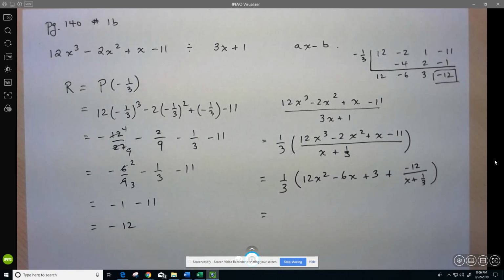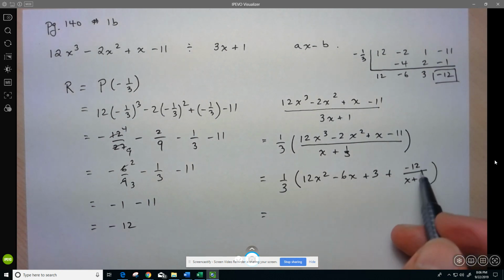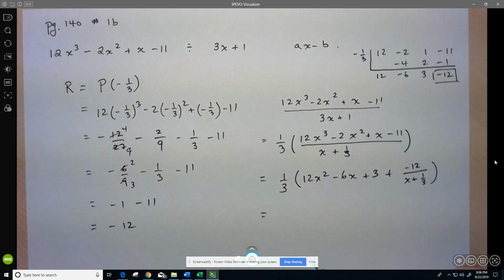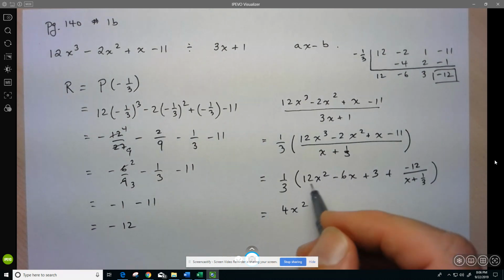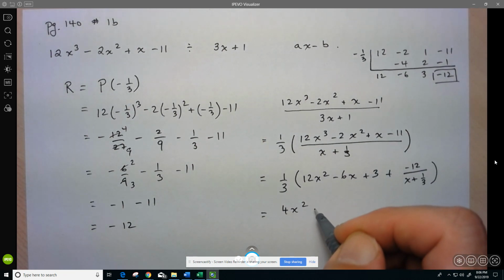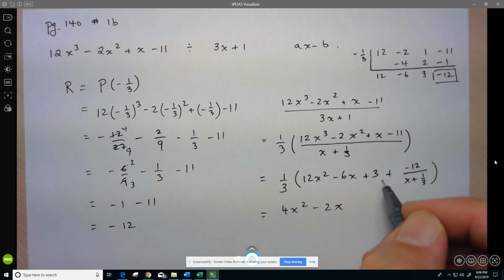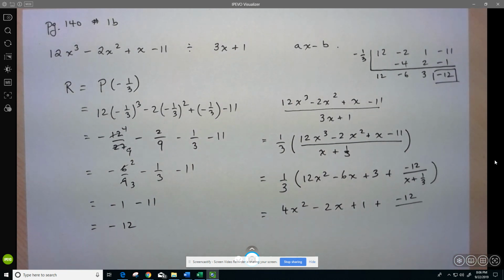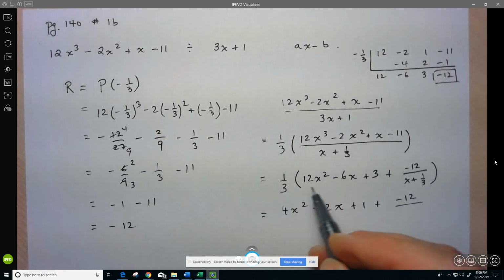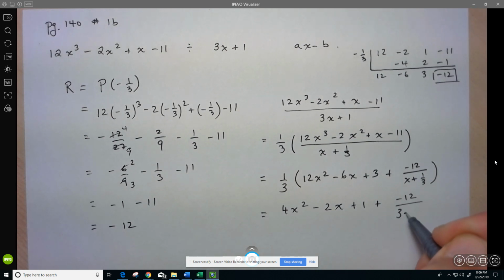And now to finish this up, we can distribute this back into the bracket. So here we end up with 4x squared. 1/3 times 6 is 2, so minus 2x, and then 1/3 times 3 is 1, plus 1. Okay, plus -12 over, and now when I multiply this by the denominator portion, 3 times x plus 1/3 brings me back to 3x plus 1.